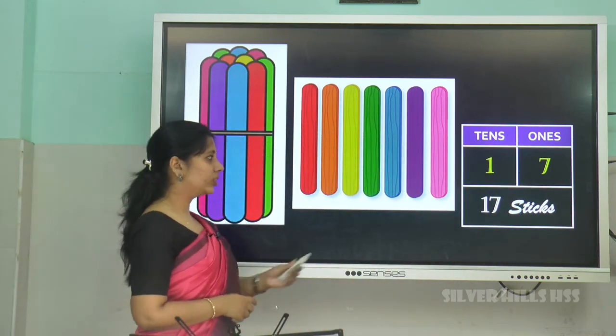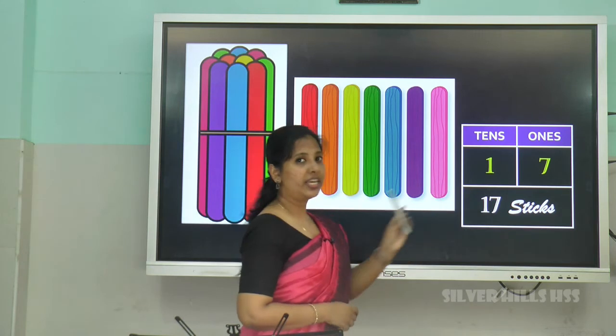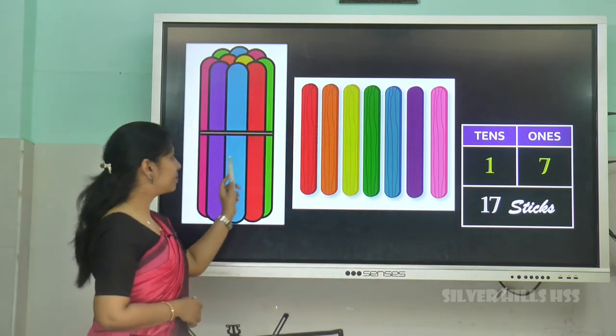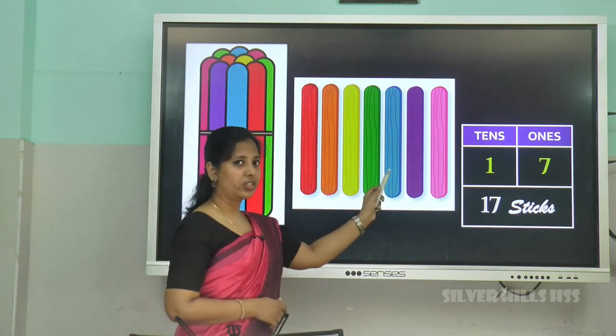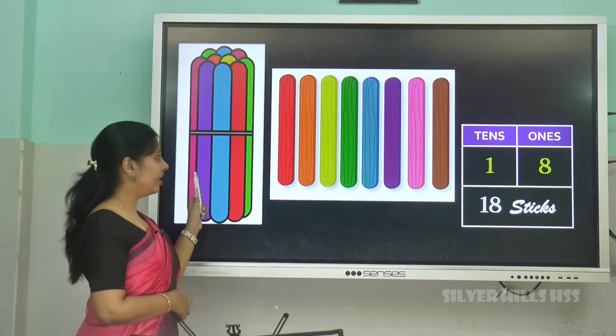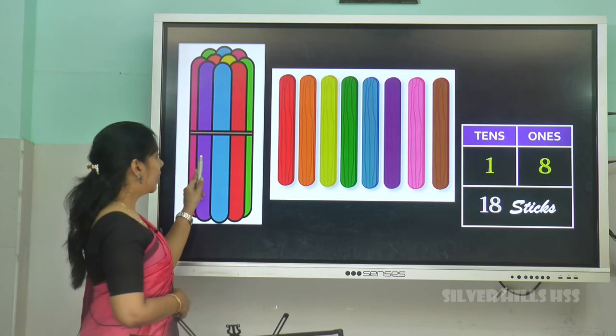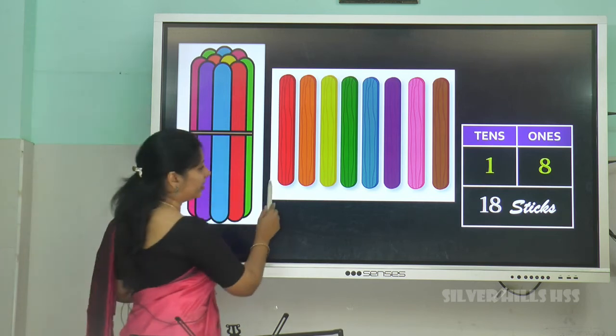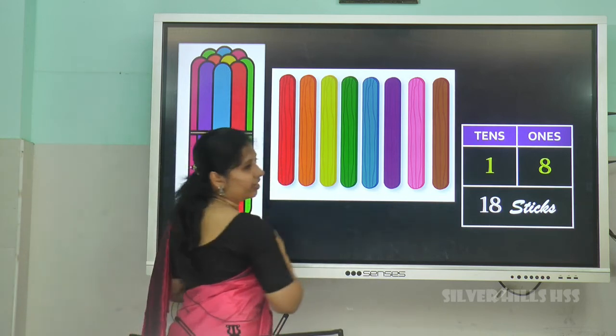Okay. So altogether 17 sticks. 10 sticks plus 7 sticks. So 17 sticks.